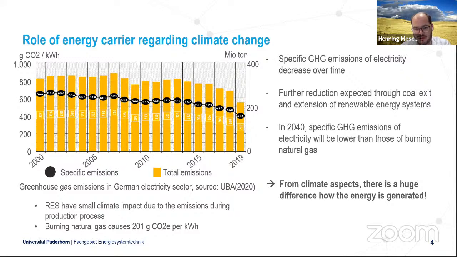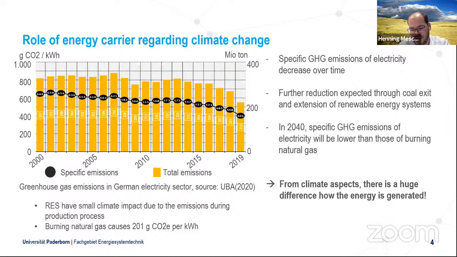So they're below 201 grams CO2 per kilowatt hour, and that's exactly the time where it makes, from an environmental perspective, more sense to use electricity for heating a process than burning natural gas.